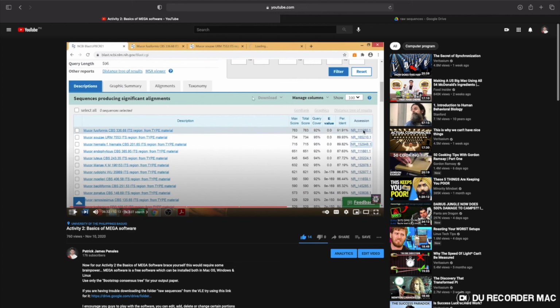We also check the source of that organism, because sometimes the sources differ. For example, you have isolated your organism of interest from the air in school, here at UPB. But when you click the accession number of the organism with the high percent identity that showed up in the BLAST search, it says it was isolated from geothermal vents.